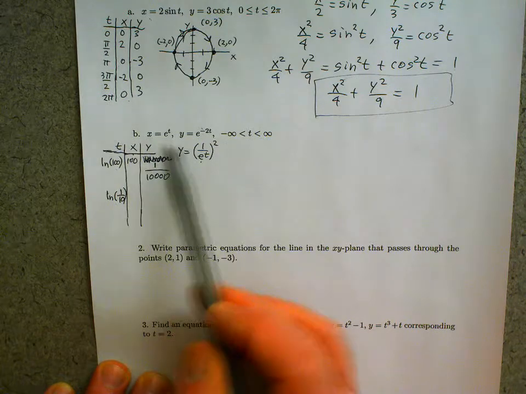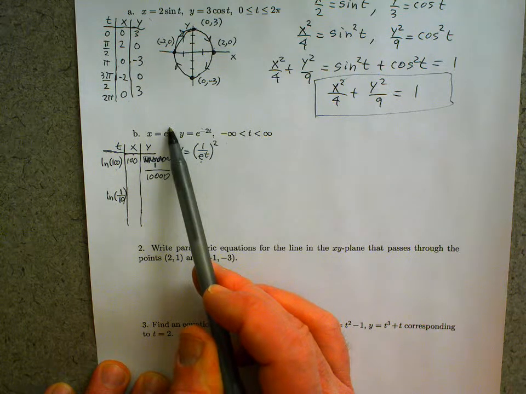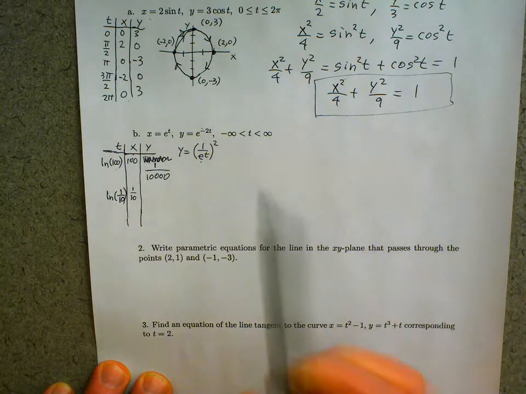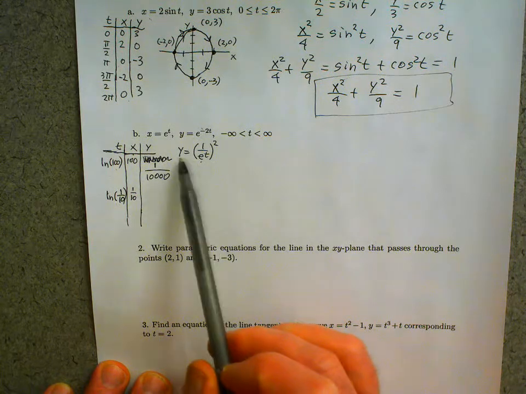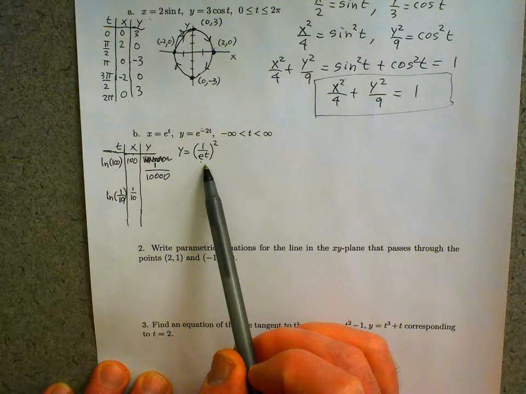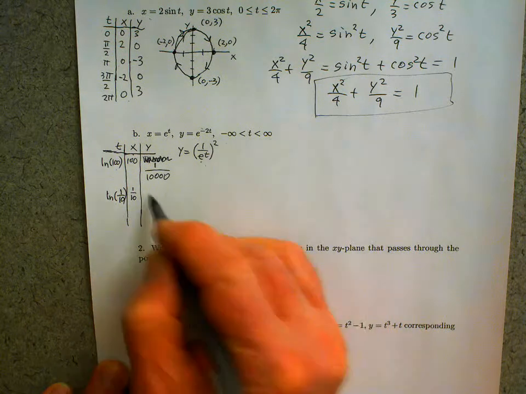And the x value is e to the natural log of 1/10, or 1/10. And the y value, 1 over 1/10, is 10, and 10 squared is 100.